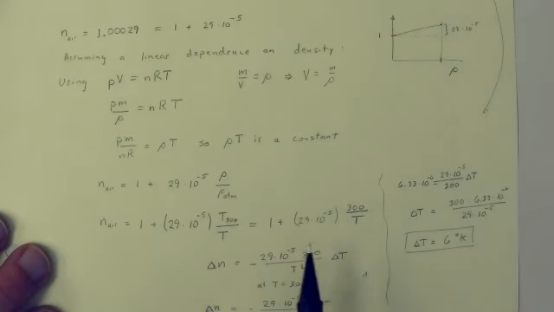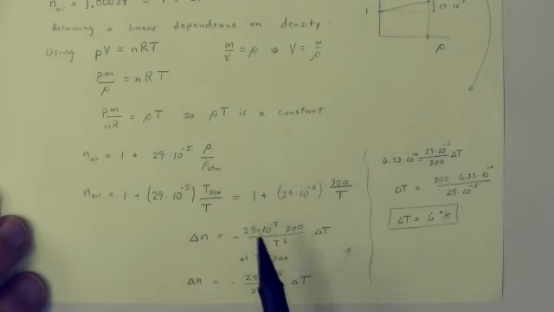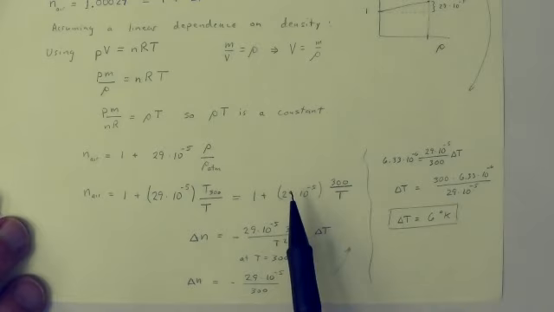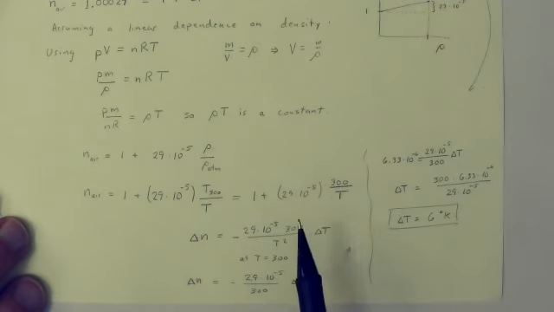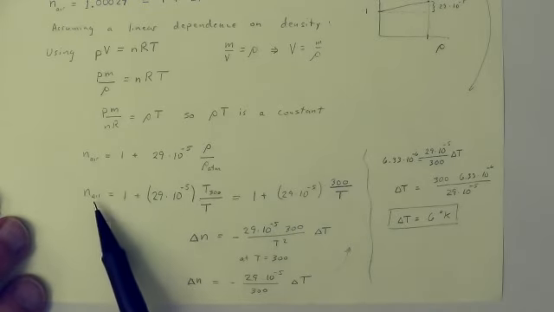You have to put the temperature in Kelvin for this all to work. So 1 plus 29 times 10 to the minus 5 times 300 over T. That's what the index for air would be.